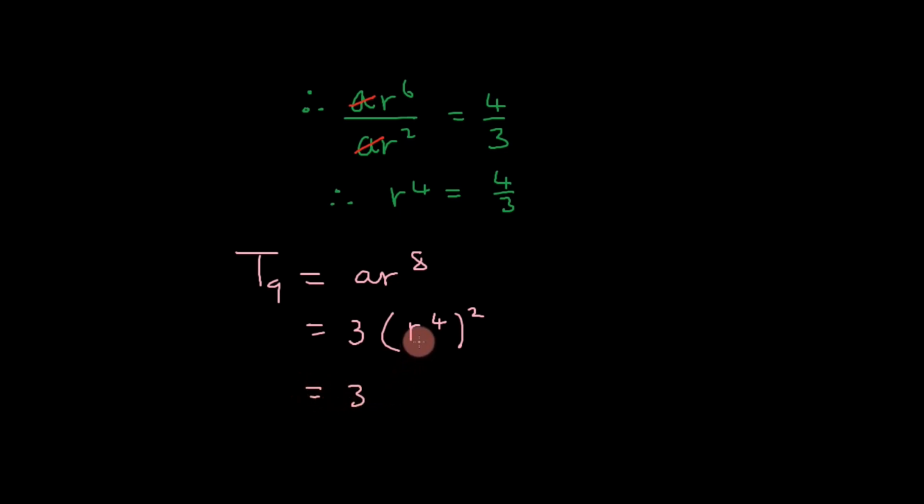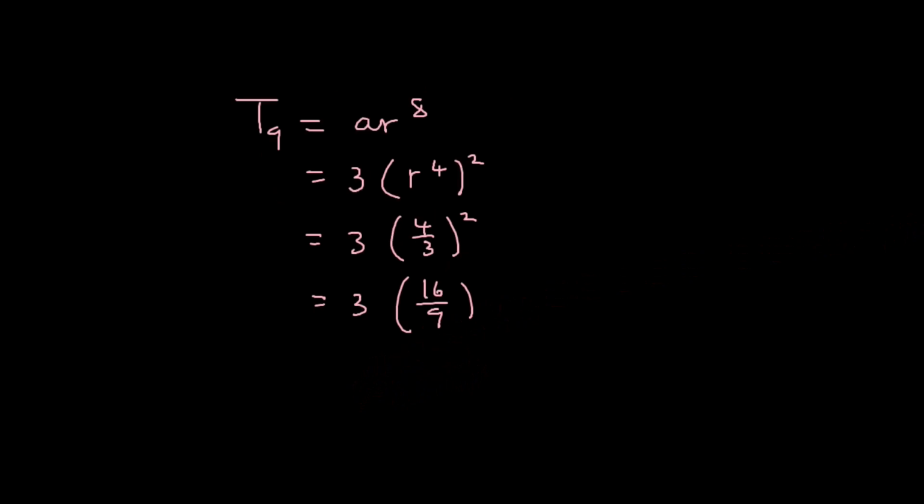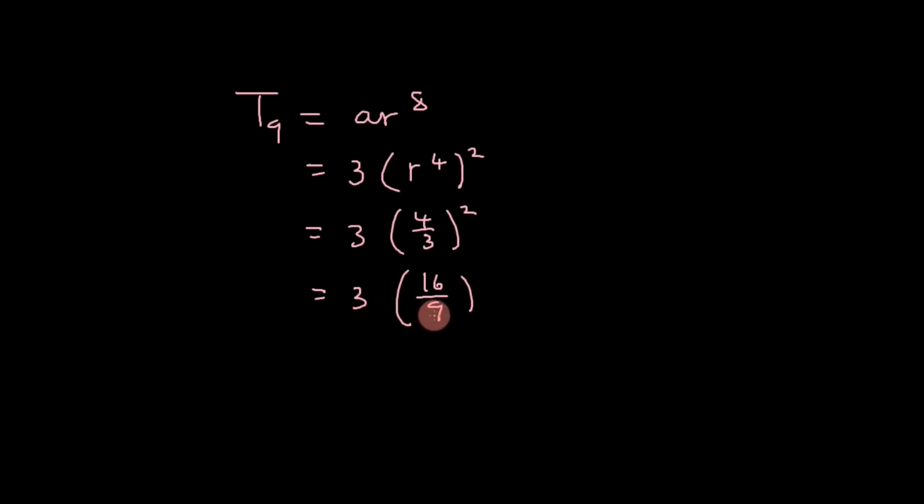And now we replace r to the 4 with 4/3. So 4/3 all squared. And this is 3 times 16/9. And of course 3 goes into 9 thrice. So we end up with 16/3.